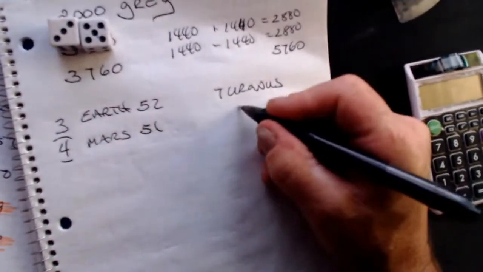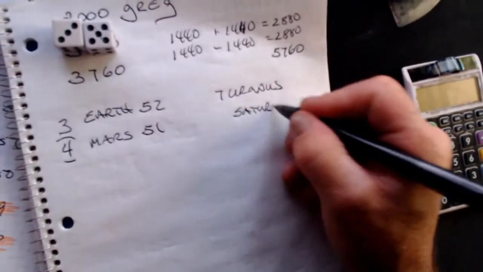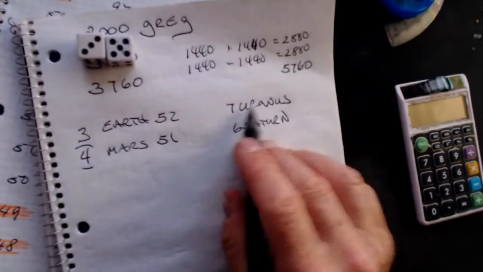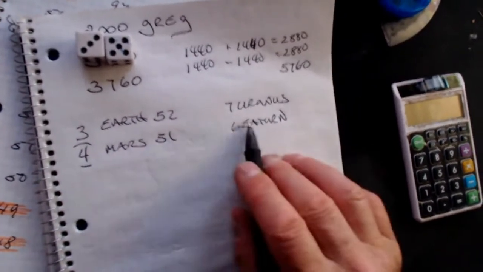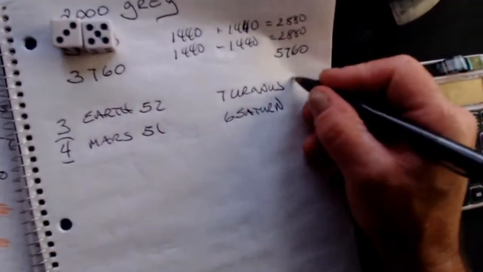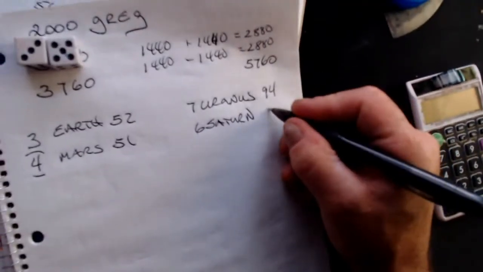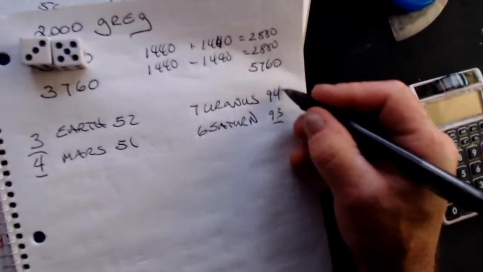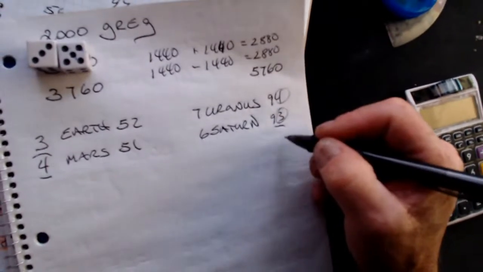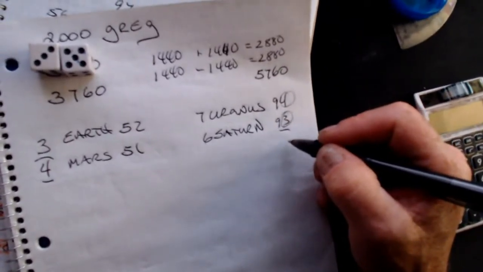And Mars is across from Saturn, and that's the 6th planet. It's just so ironic that Earth is 5 and 2, 7, and Mars is 5 and 1, 6. Uranus is number 94. Saturn is number 93. It's ironic that they both get that number as well.